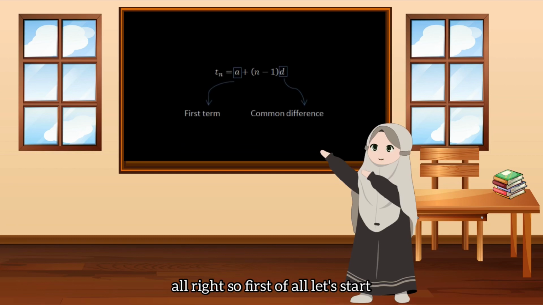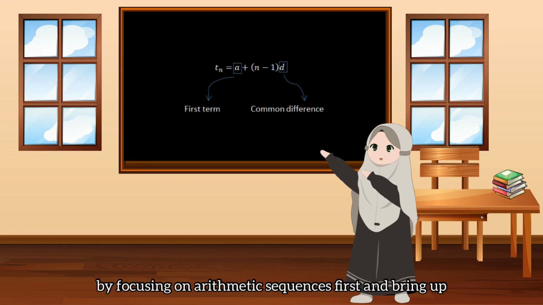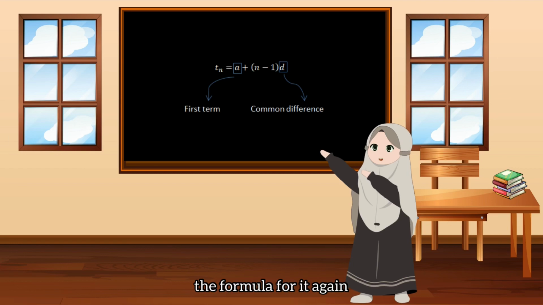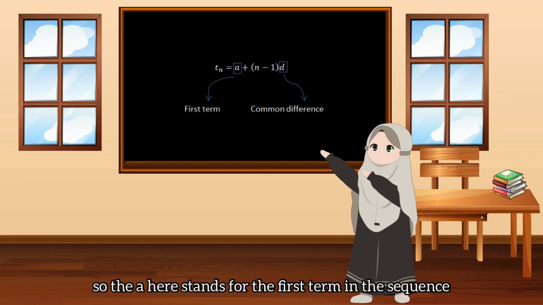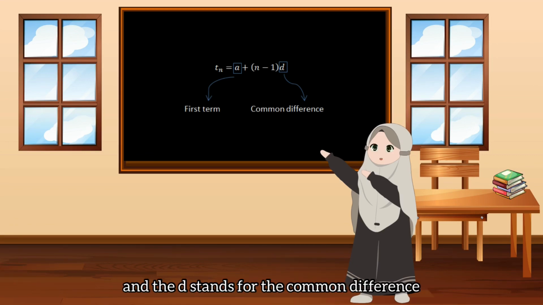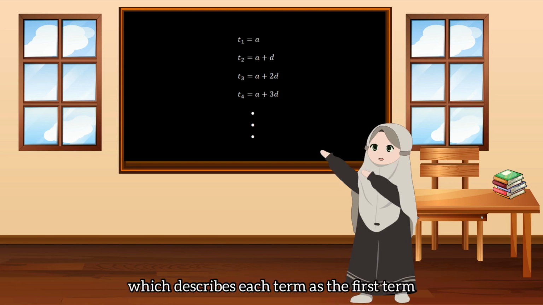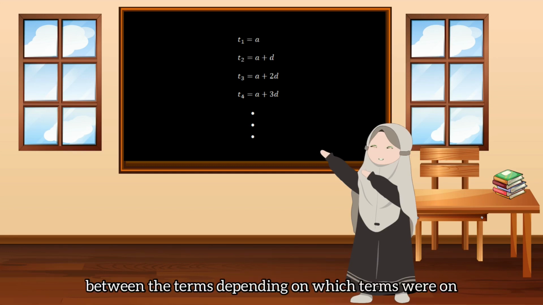Alright, so first of all, let's start by focusing on arithmetic sequences and bring up the formula for it again. The A here stands for the first term in the sequence, and the D stands for the common difference. If you remember, this formula is essentially a summarized version of this, which describes each term as the first term plus a multiple of the difference between the terms, depending on which term we're on.